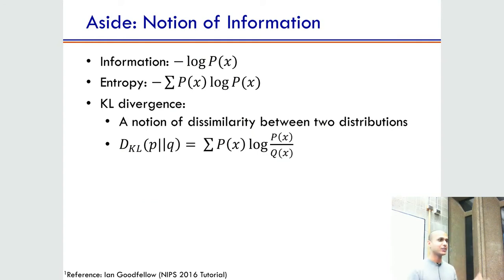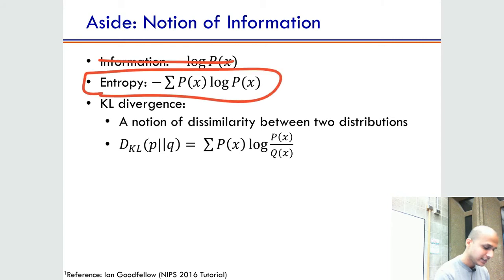Before I tell you what the likelihood objective is, I want to tell you very quickly a couple of definitions. We just need to know what these names mean. Entropy, given a distribution, is just the sum over all the values that little x takes of the probability of that little x times the log of the probability of that little x.